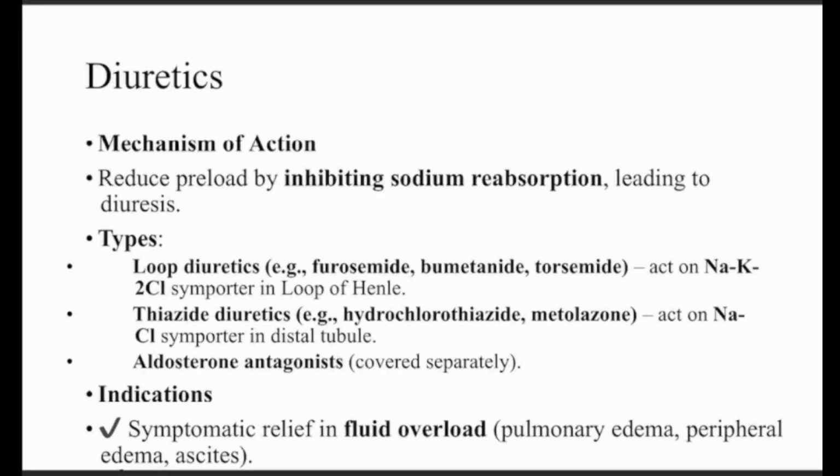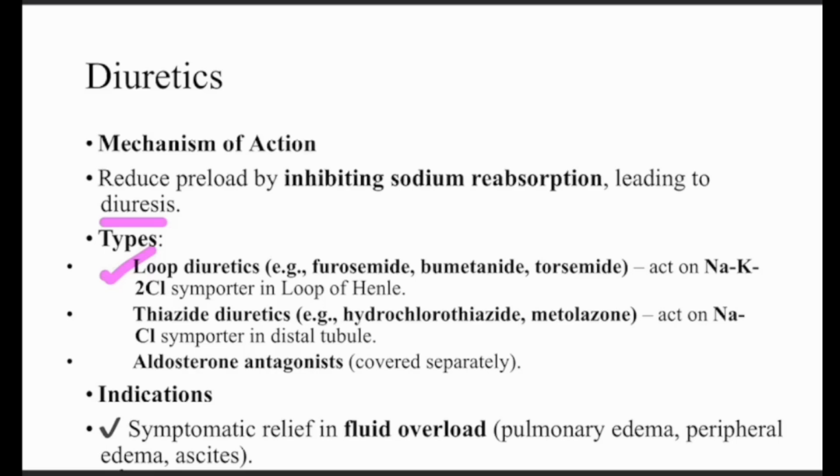So now we go to the diuretics. They reduce preload by inhibiting sodium reabsorption and producing diuresis. Mainly in heart failure, you use loop diuretics like furosemide or torsemide, which act on the sodium potassium 2 chloride importer in the loop of Henle.